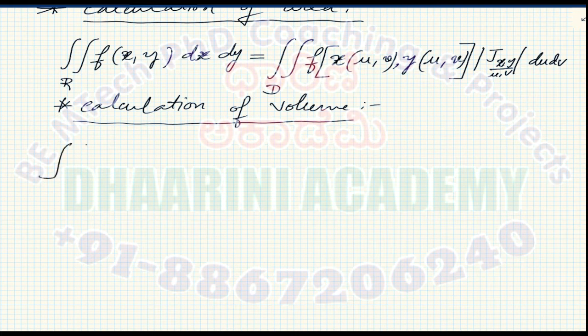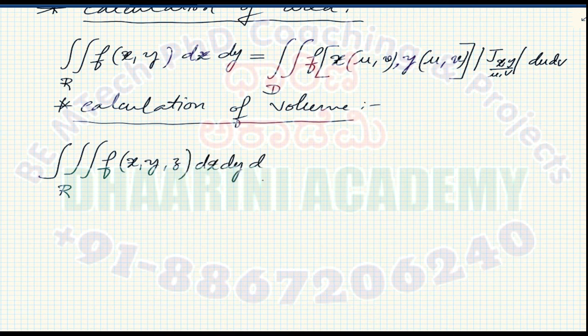We have a triple integral over some region R. Volume is a 3D quantity, so it has three coordinates: f of x comma y comma z into dx dy dz. This is equal to the same triple integral calculated over another region denoted by D.